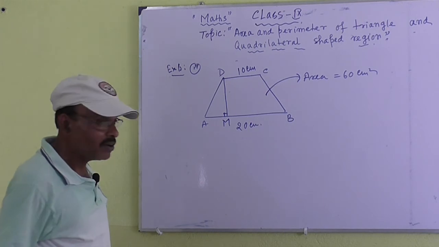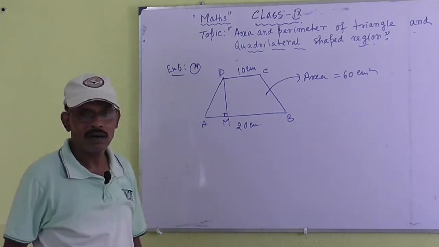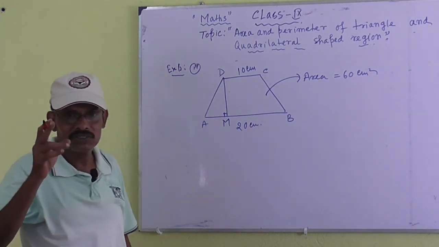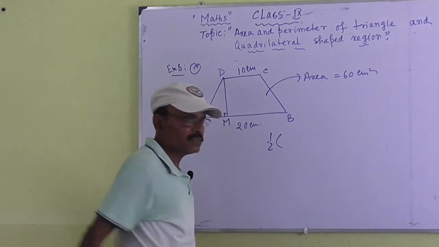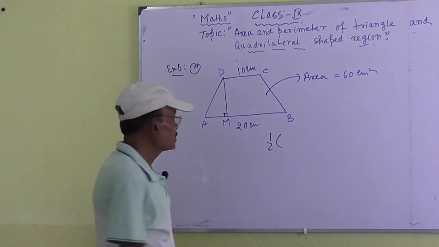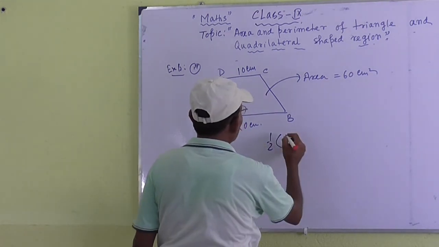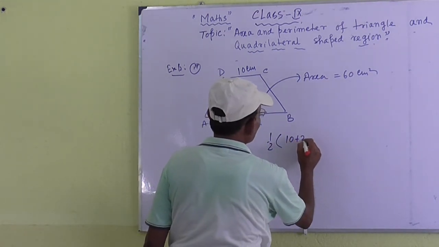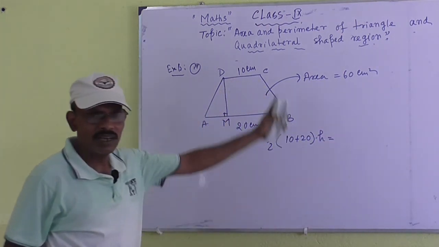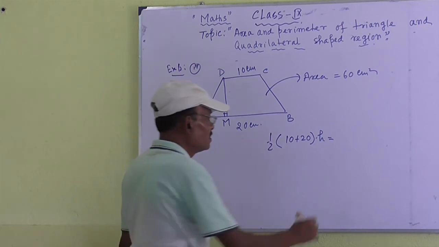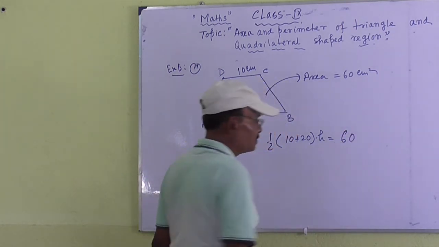We know from the formula of the area of the trapezium, half into sum of parallel sides into height. Sum of parallel sides, 10 plus 20, into h. According to the given condition, it is 60.